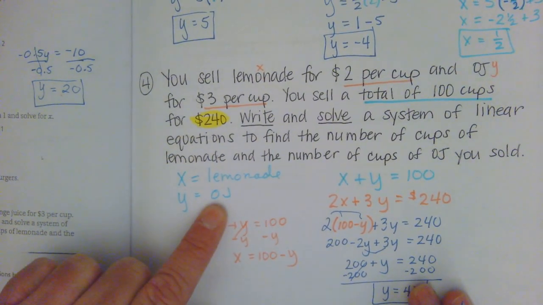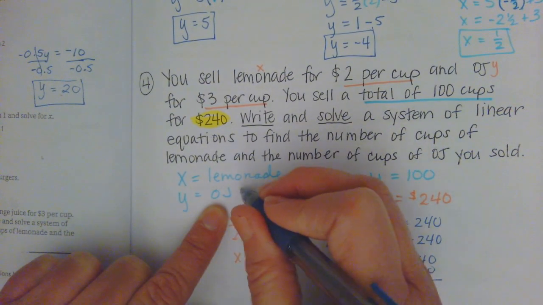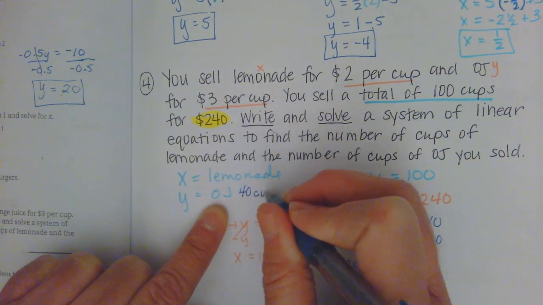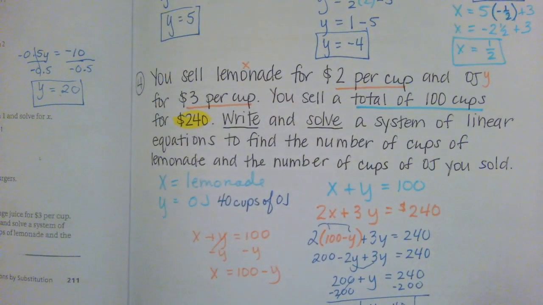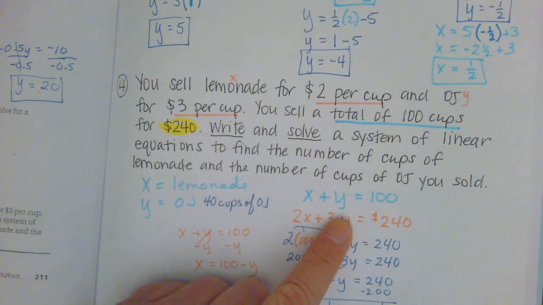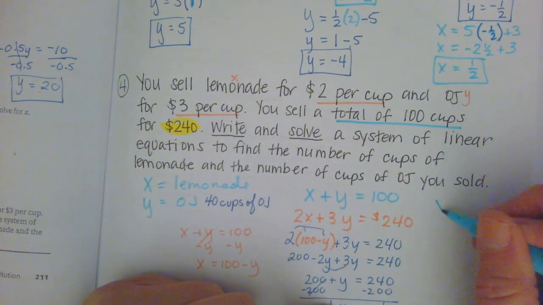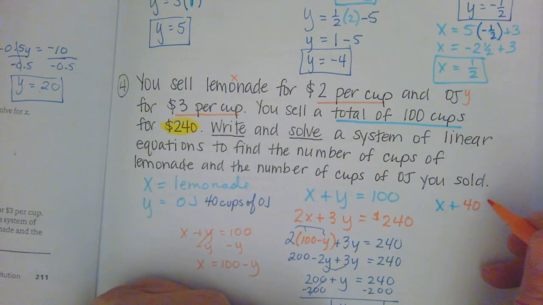So Y is our orange juice, and so there are going to be 40 cups of orange juice. Okay, now we have to find out how many of lemonade. So let's go back up to this equation right here, and let's put in Y. So X plus 40 equals 100.